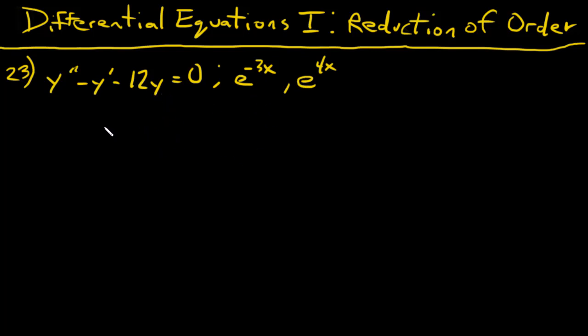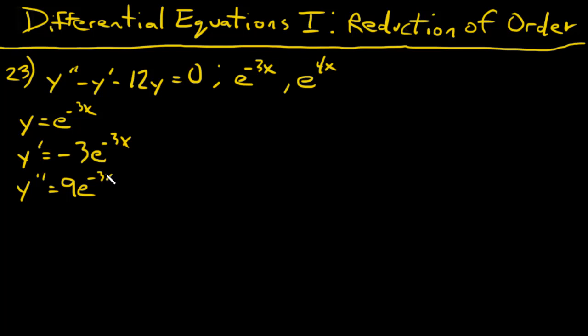So first things first, if my y is equal to e to the negative 3x, then y prime is going to be negative 3e to the negative 3x, and then y double prime is going to be positive 9e to the negative 3x.